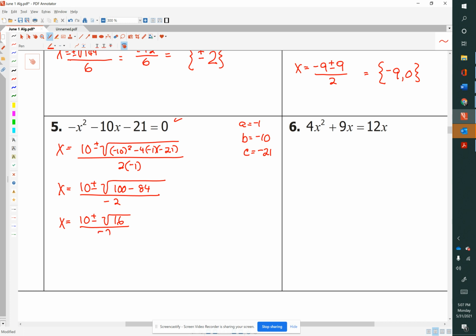We like that. Which gives us 10 plus or minus 4 divided by negative 2, which when evaluated gives us the set negative 7, negative 3.